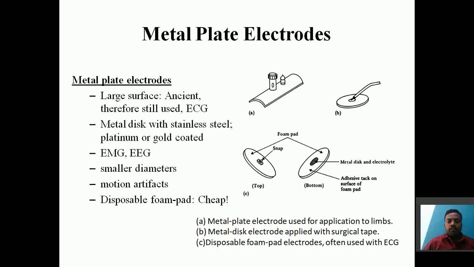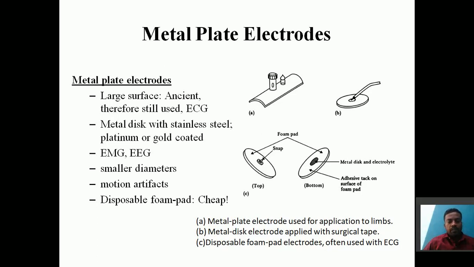A metal plate electrode is completely in the form of metal, mostly silver or silver chloride, Ag or AgCl.